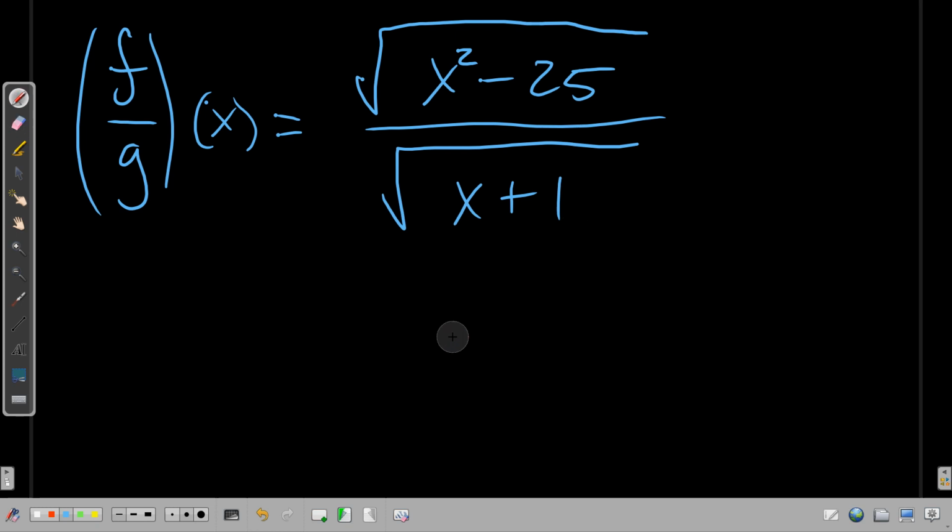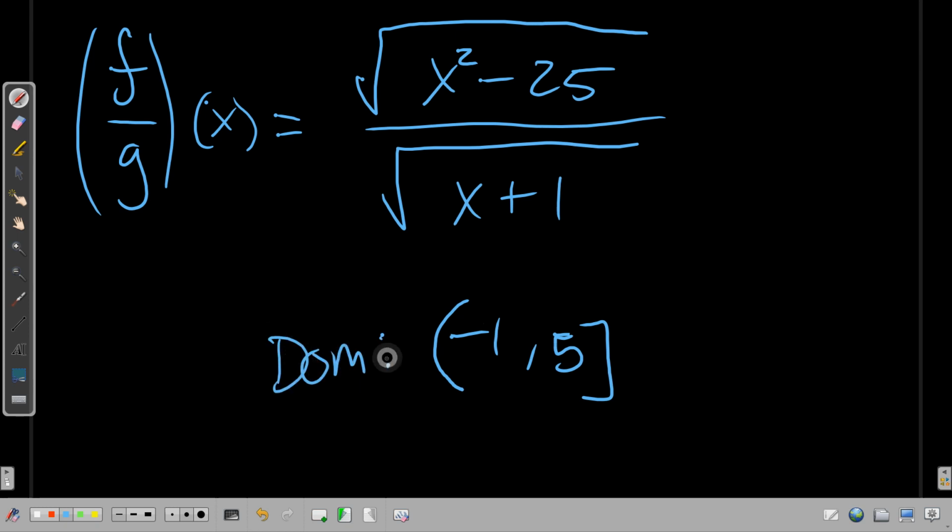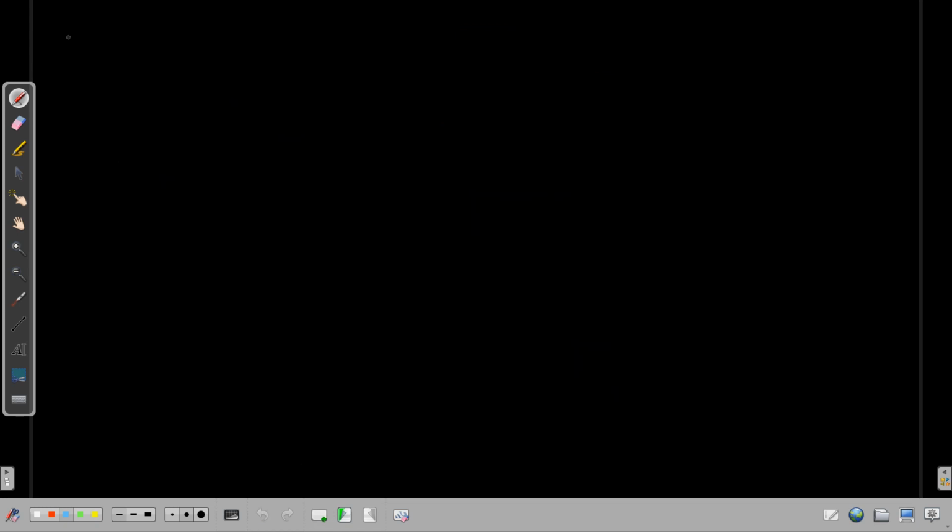So instead of it being from -1 to 5, where I include them both, I can't include the -1. So here's my domain. And this is the name of the game. That was the first example from assignment 10. Let's do another one.